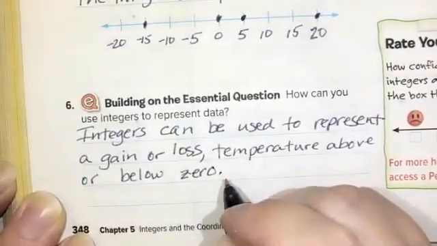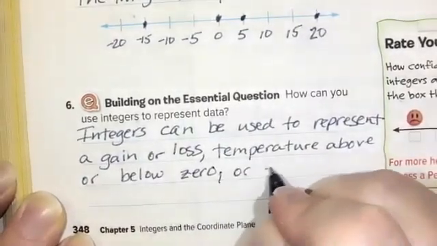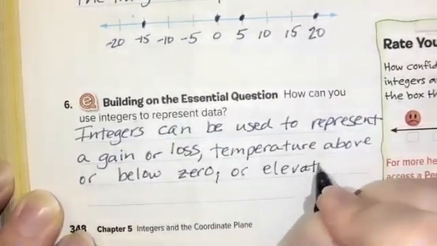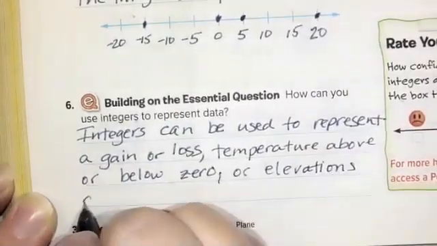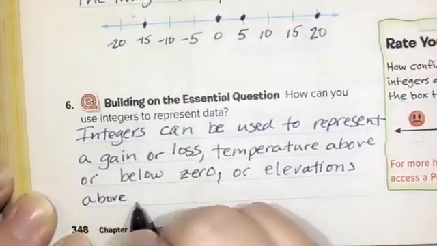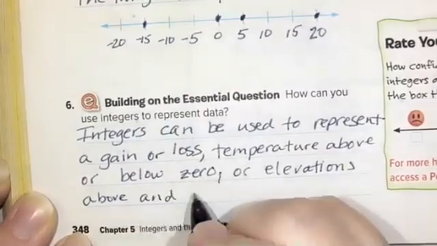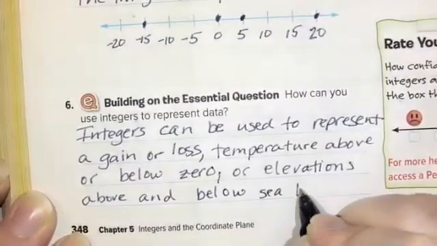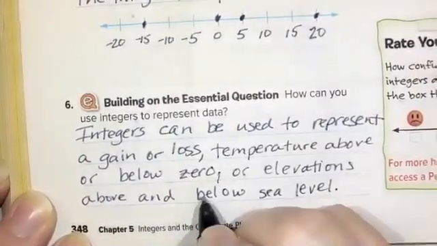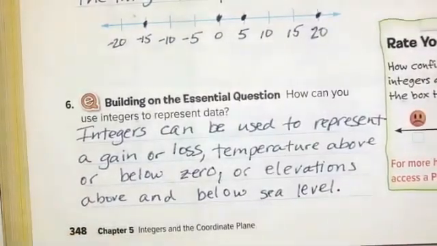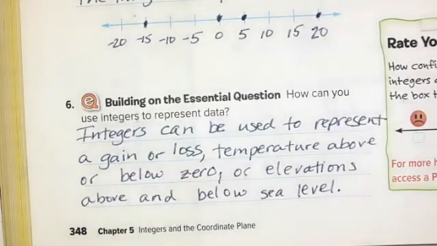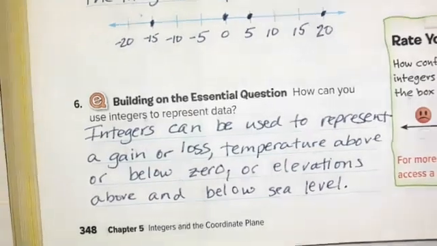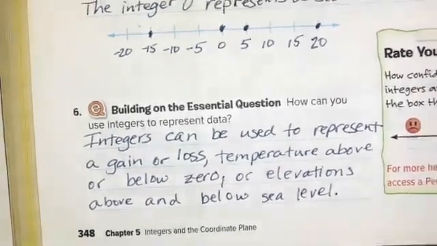They can be used for many, many more things, especially graphing. All right, so that was just guided practice, page 348, lesson 5.1.